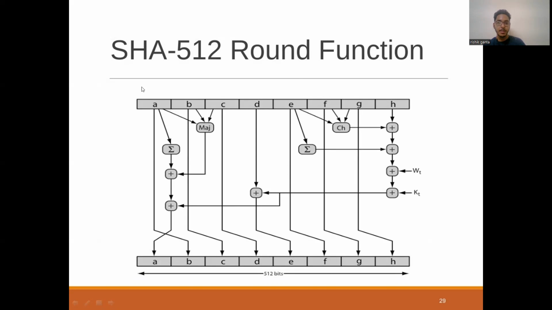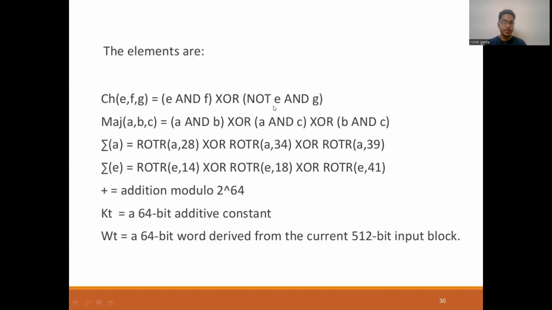SHA-512 round function. In this, these are the registers, 8 registers of 64 bits each.